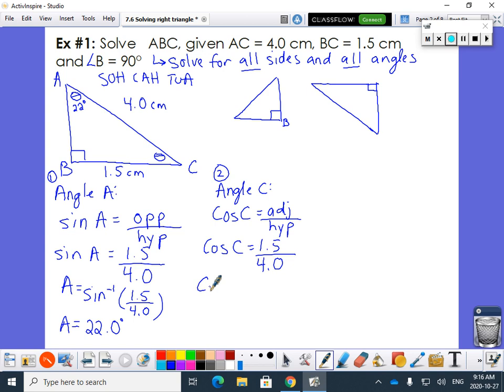If you want to get theta or the angle C, can someone put 1.5 divided by 4.0 into their calculator for me, please? 0.375. So this one, I'm just going to put it this way so that if you go back to your notes, you know that both ways are just fine. Okay? And then you would have gotten 68.0 degrees.